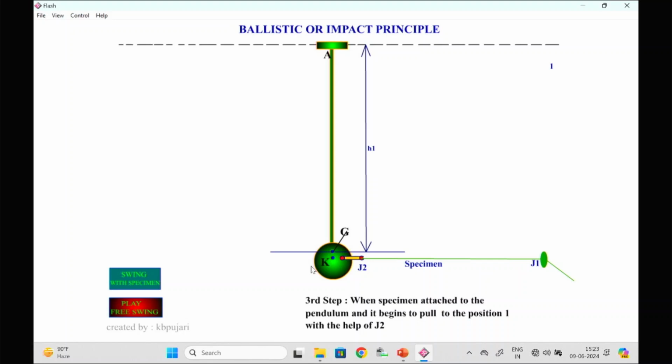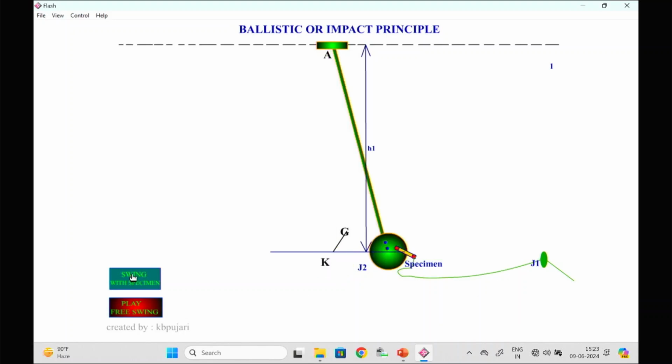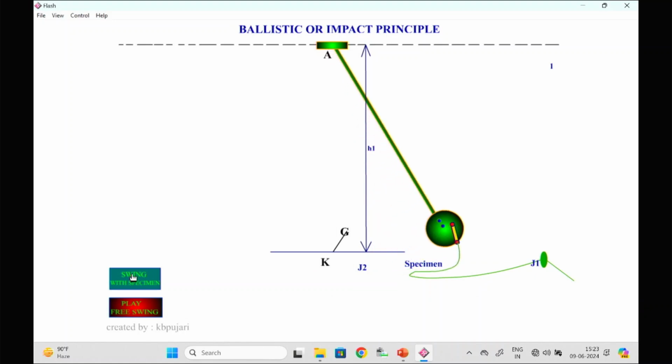Now let us see again the pendulum with the specimen.